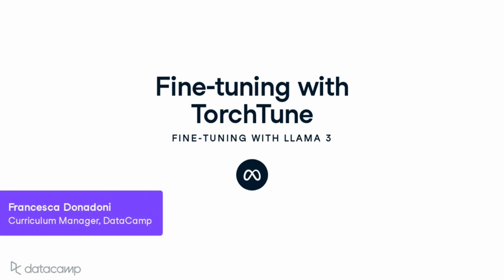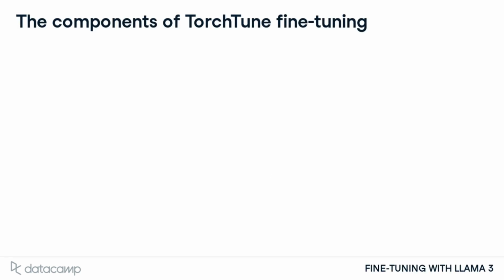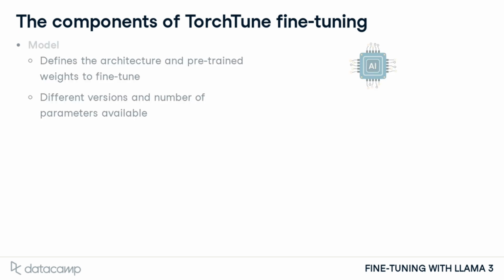Welcome back! In this video, we'll understand how to configure a fine-tuning job using TorchTune. Fine-tuning in TorchTune revolves around three components. The model includes the base architecture and pre-trained weights, and can be chosen among the different versions and numbers of parameters available.